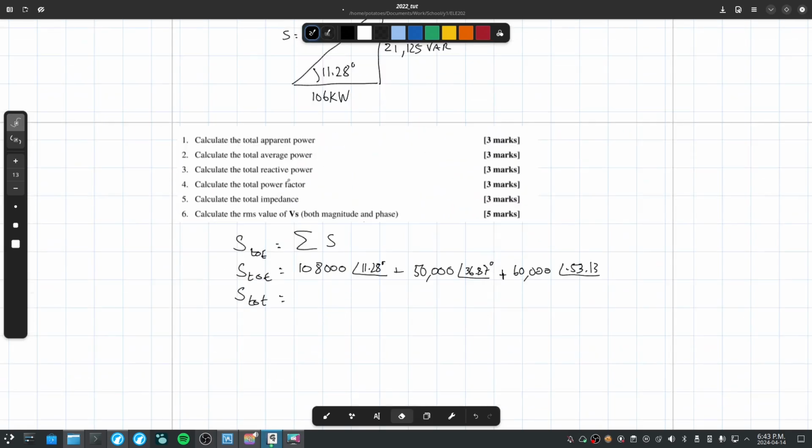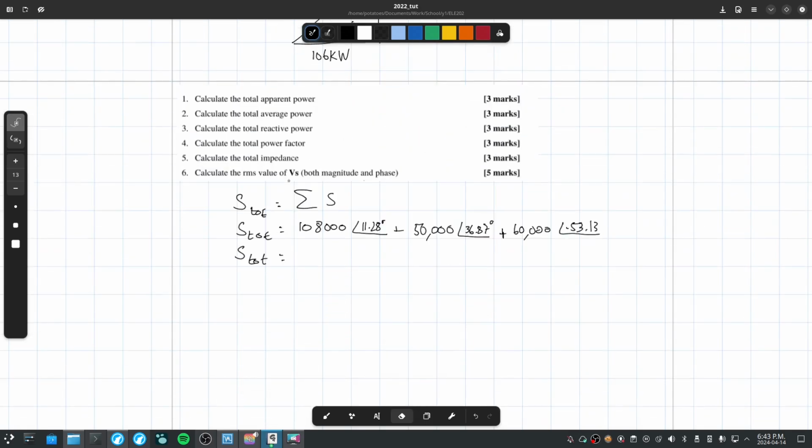What the hell did I do? You got 157,000? The answer that I wrote down here is 144,000. But putting it in my calculator, I'm getting 182,000. So let me just make sure that I've put in all my numbers correctly.